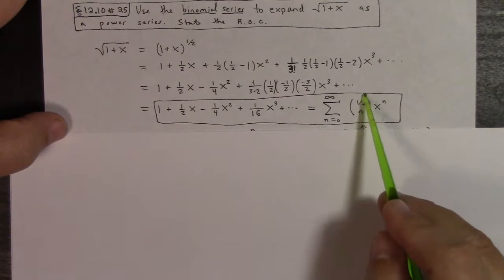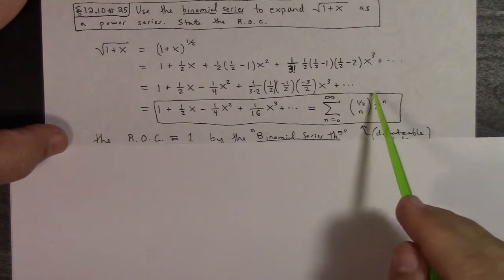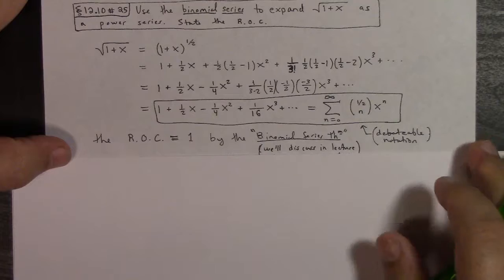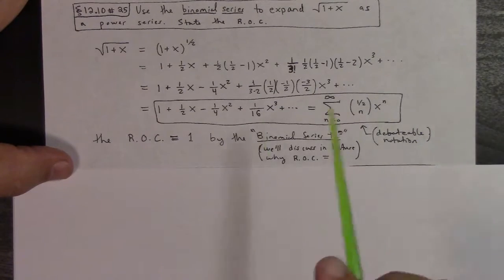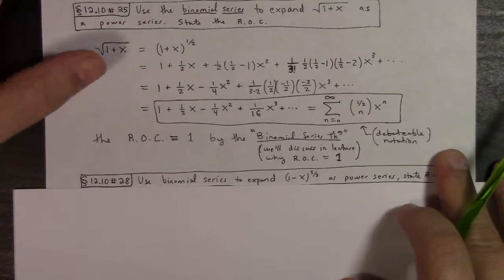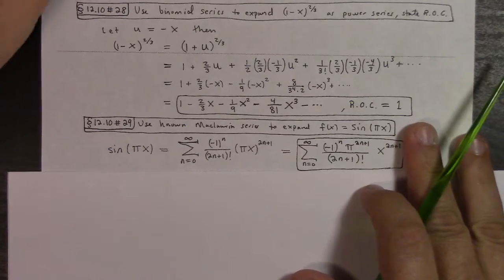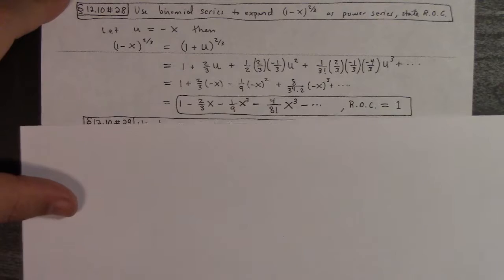This is a shorthand for the thing I mentioned earlier, and some people would be bothered that I wrote this. As I said, debatable notation, and also debatable spelling. All right, anyway, so the radius of convergence is 1 by the binomial series theorem. I would say we'll discuss in lecture why the radius of convergence is 1, but that seems unlikely.